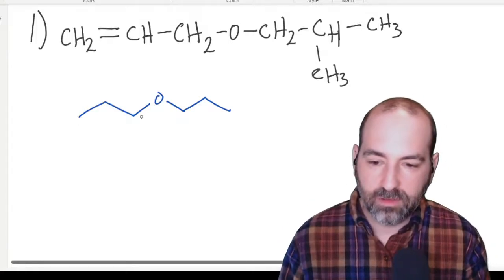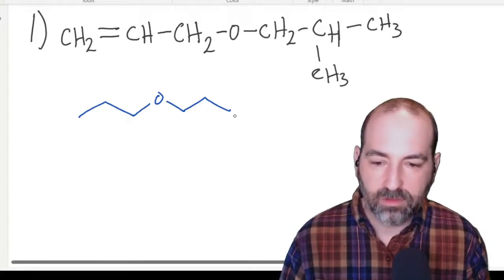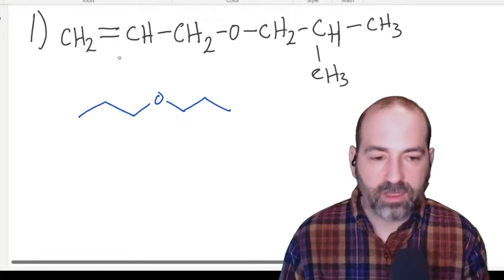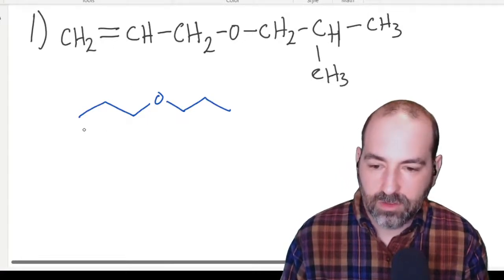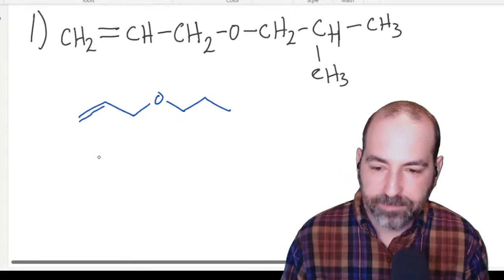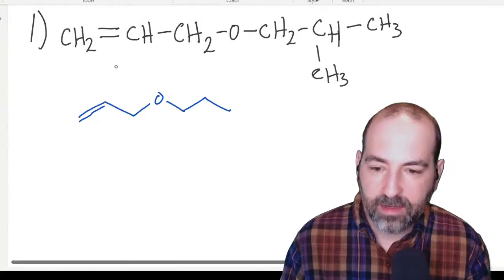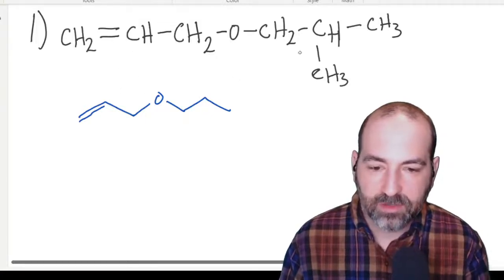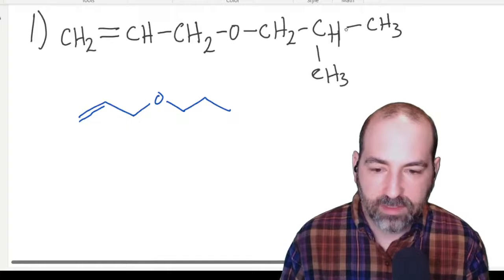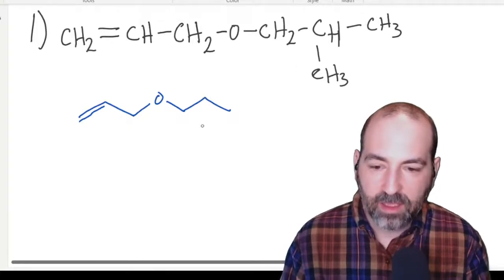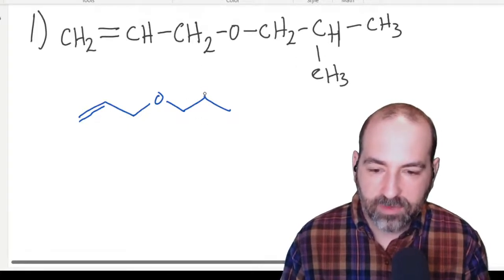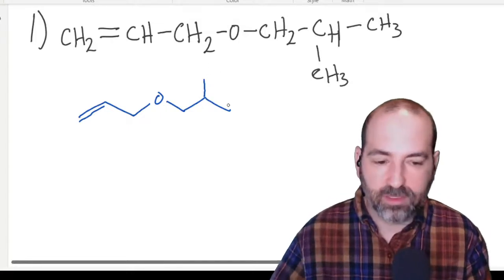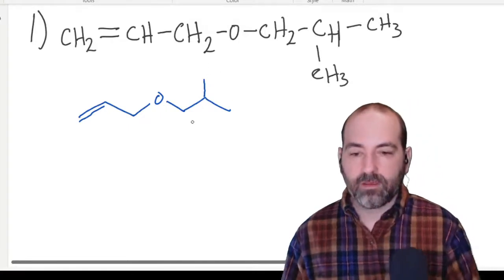So 1, 2, 3, oxygen, 1, 2, 3. Yep, got it. Now I've got a double bond between the first 2, so I want to make sure to get that in there. And then the last thing to do is to add the CH3 coming off of the second to last carbon. Again, I can put it either up or down, but just for the nice geometry of the structure, I'm going to put it up. So that's what that one would look like.